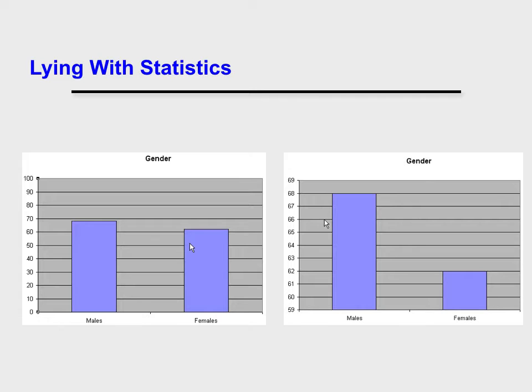However, if you change the scale from 0 to 100 to now 59 to 69, with less information between each tick, you're looking at the males at 68, which is basically exactly where they are on the graph on the left, and the females at 62, which is exactly where they are on the graph on the left, but look at the difference between the two bars.